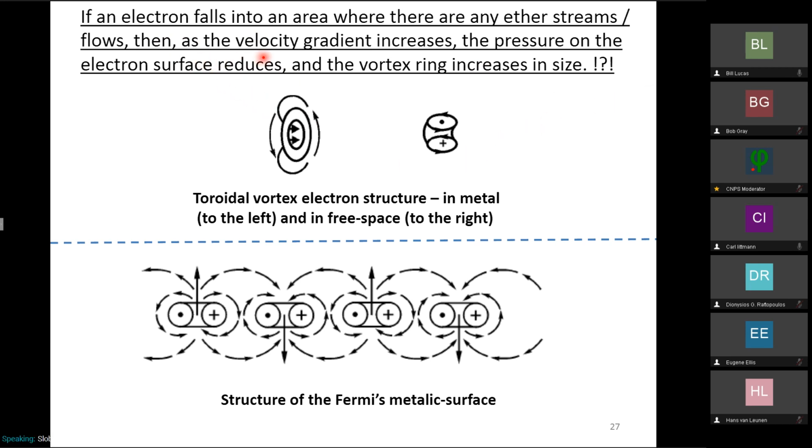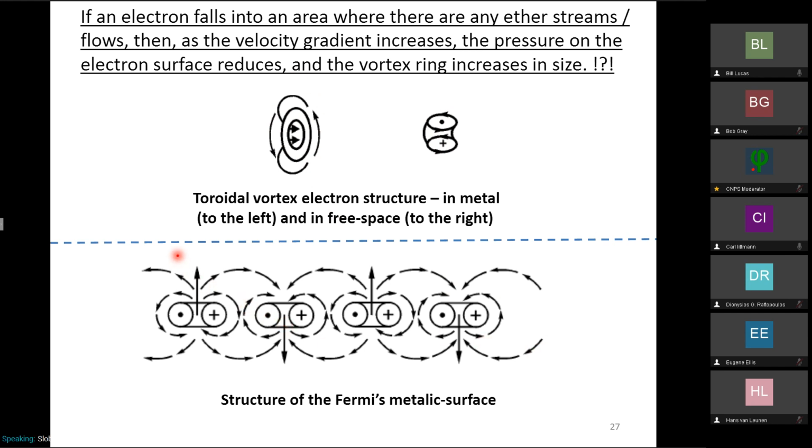Then as the velocity gradient of those flows increases, the pressure on the electron surface reduces, and the vortex rings increase in size. So we have here maybe something counterintuitive. This is the structure, or form, of the electron in metal, and in free space it is like here. So higher pressure is acting in the free space than within the metal itself.